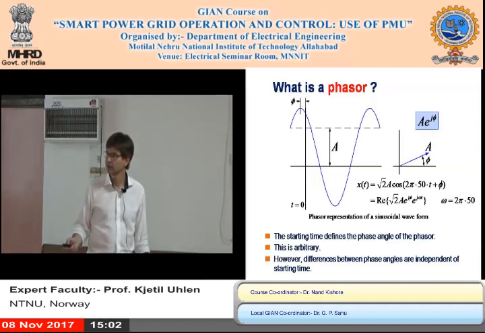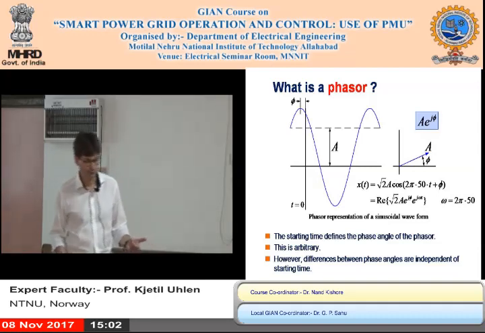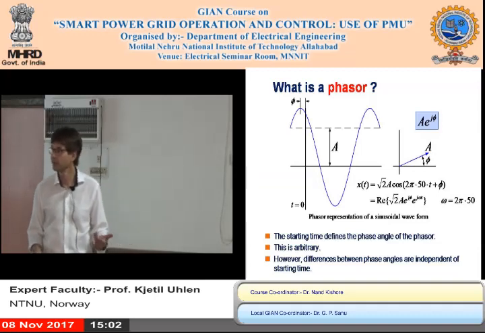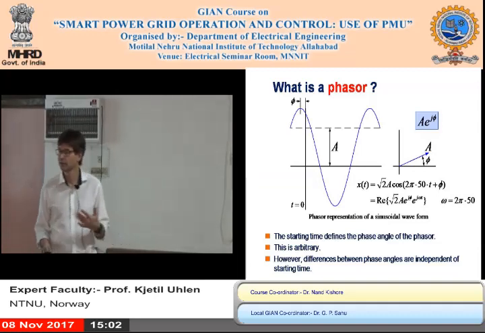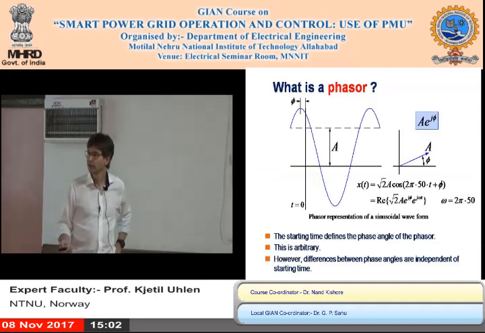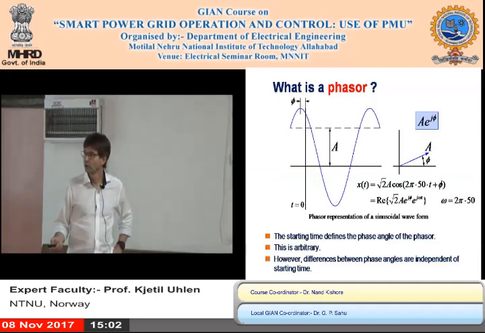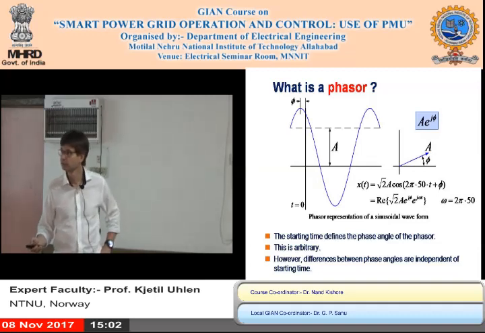A time-varying signal has an amplitude, and it has a phase angle with respect to something. You can always discuss what the reference angle is, and you can vary that, but you have to have a reference for angles. With that reference, you can draw the phasor as a complex number with an amplitude and phase angle.